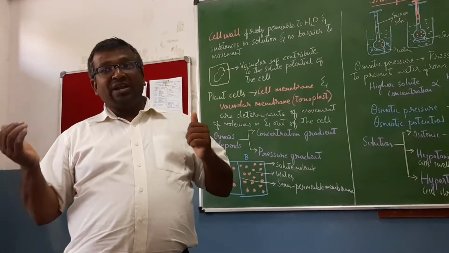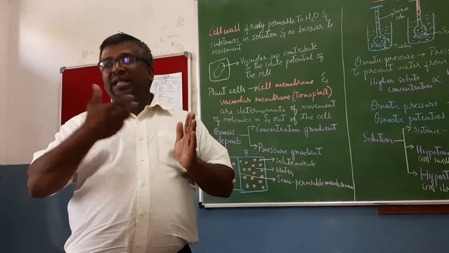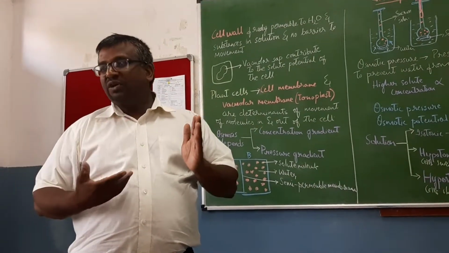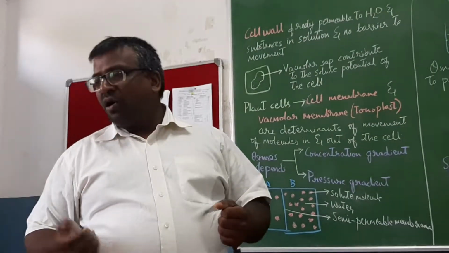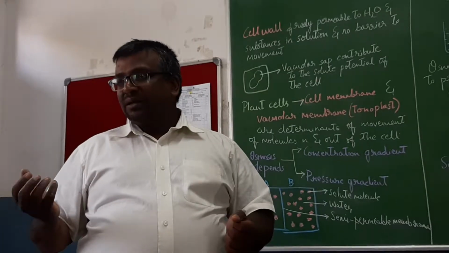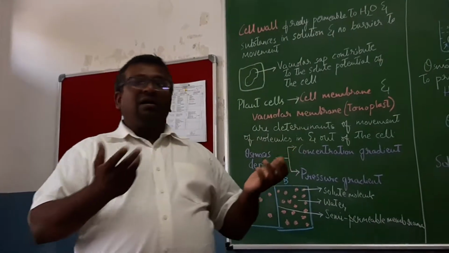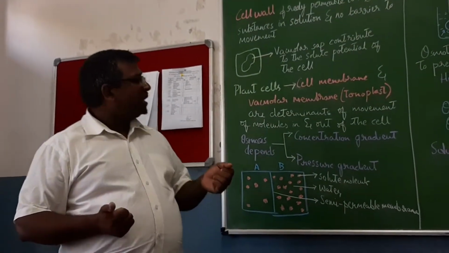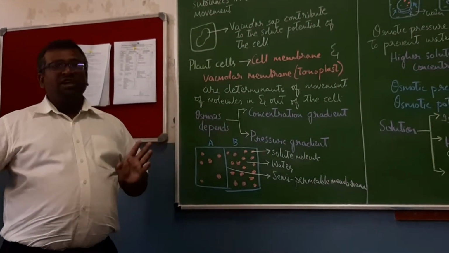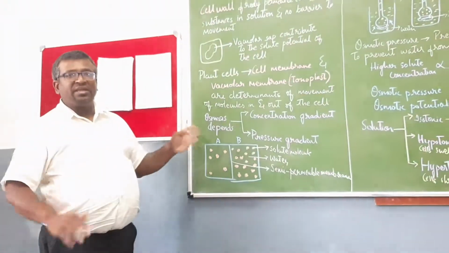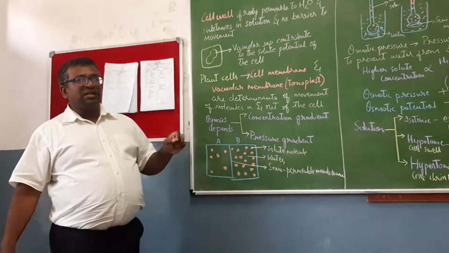Now the cell wall resists this pressure, so there is an equal and opposite force, which we call pressure potential or wall pressure. They resist this turgor pressure. So remember that. That is the simpler form of definitions, which they might not have given here. They have not used those technical terms at all.